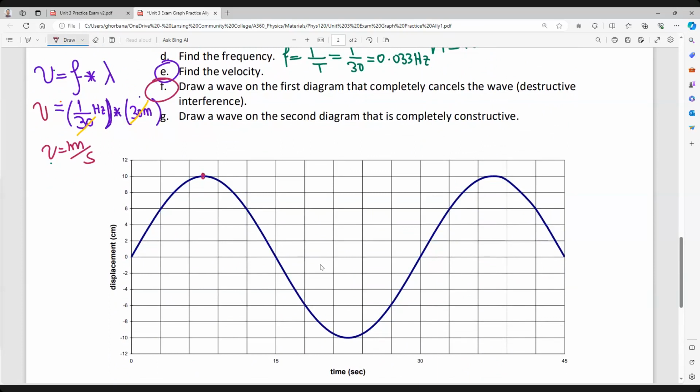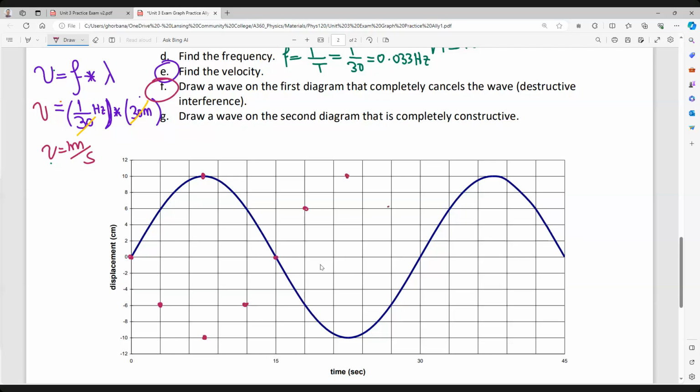Here is 10, so here should be exactly -10. Here is 6, so here should be -6. Here is 0, 0. And then here again, 6 should be -6. Here is -6, it's going to be +6. -10 is going to be exactly +10.